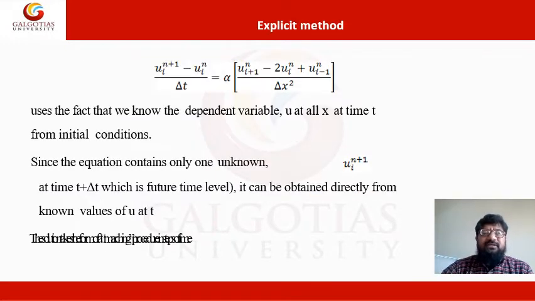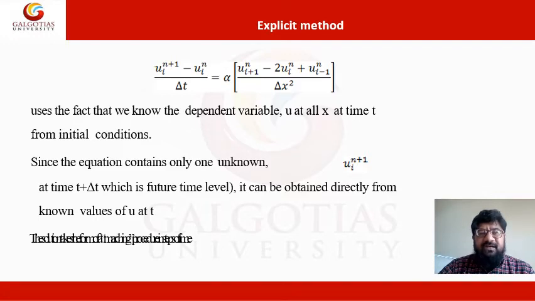So basically there are two categorizations of schemes when we talk about finite differencing: the explicit method of finite differencing and the implicit method of finite differencing. Take a look at the previous equations.